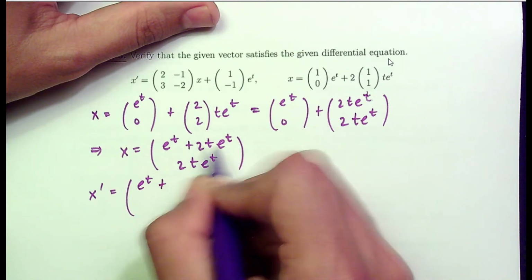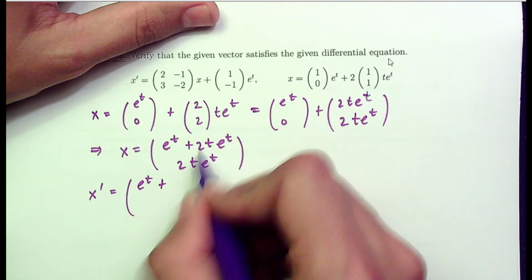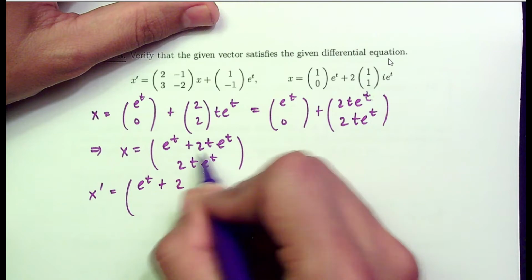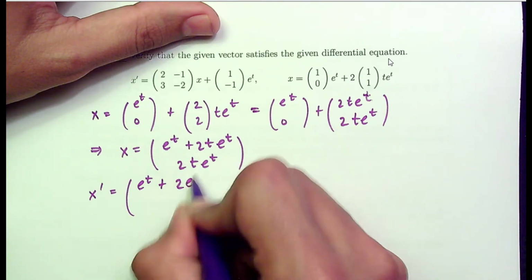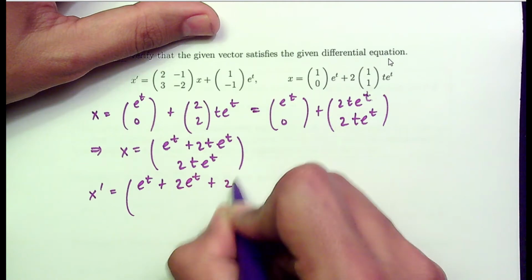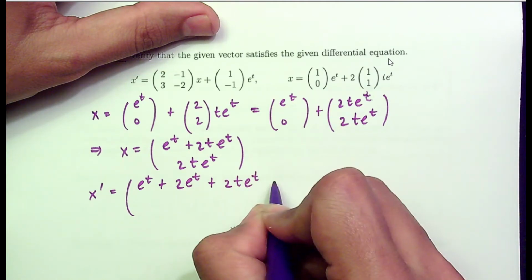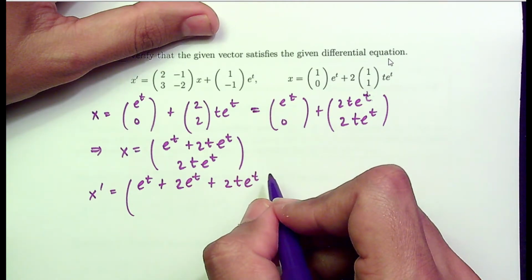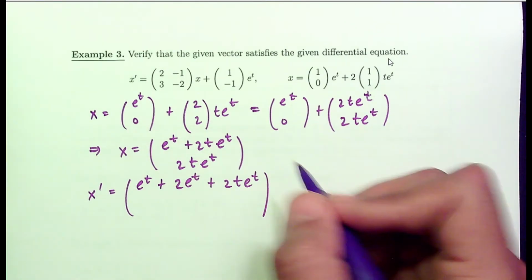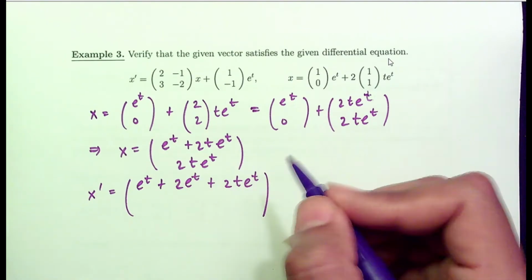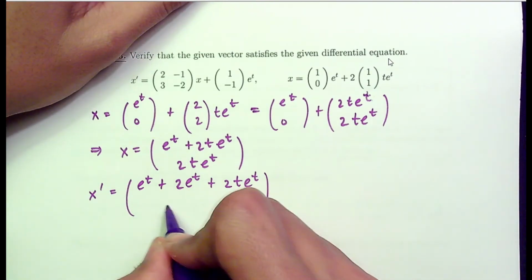The product rule gives me the derivative of the first, where I'm using 2t as the first, and then e to the t as the second: derivative of the first times the second, plus the first times the derivative of the second. And that same thing goes on the bottom.